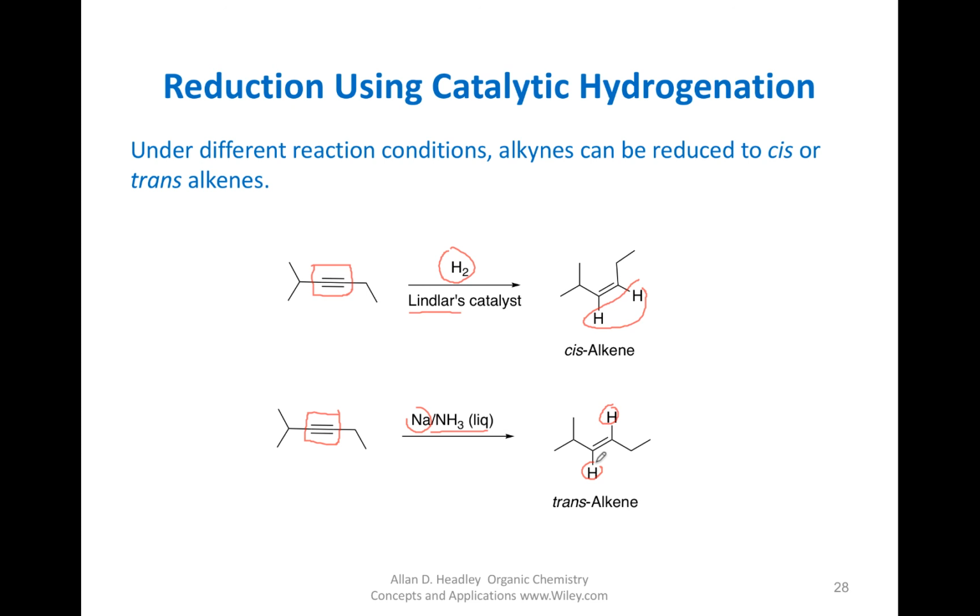Okay, so again, you can see where we're going with this. You'll be asked to synthesize different products. One may be a trans alkene. One may be a cis alkene. So you will have to carry out specific observations and determine specific reactions that are needed to get your target molecules.